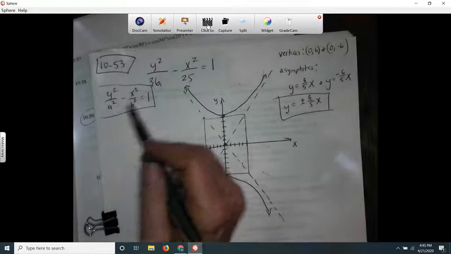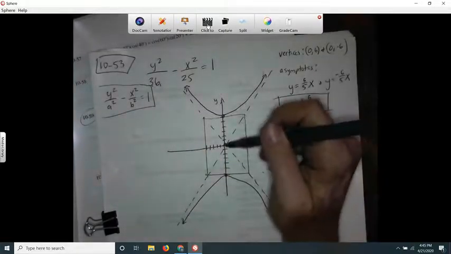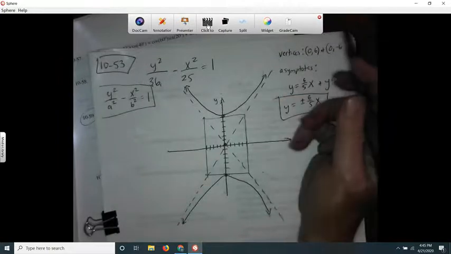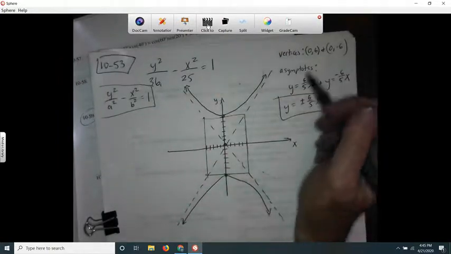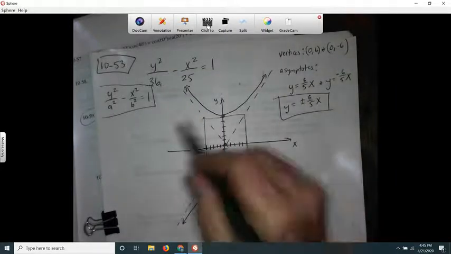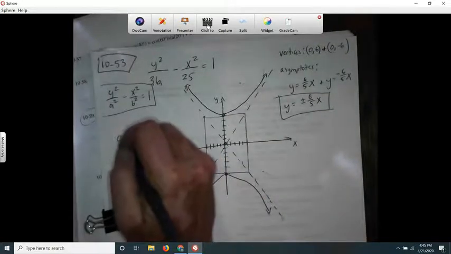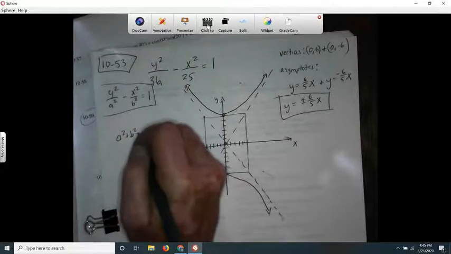Now, if I did want to find the foci, it wouldn't be that hard. Here's your a and your b, and we use the letter c to denote the distance between the center and the focus. With the hyperbola, we tried to prove it to you with some picture. There's a proof of this, but it's a squared plus b squared equals c squared.